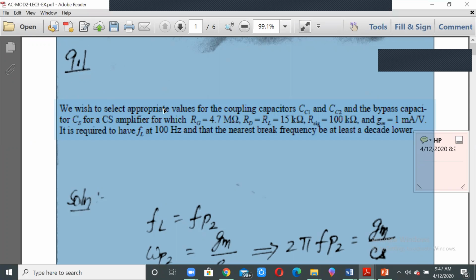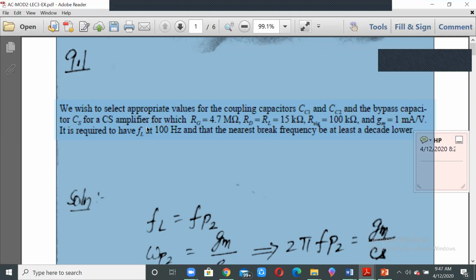We need to find out the values of CC1, CC2 and CS, that is the coupling capacitors and the bypass capacitor for the common source amplifier, wherein RG is given as 4.7 megohm, RD and RL equal to 15 kilo ohms, Rsig equal to 100 kilo ohms, and gm equal to 1 milliampere per volt.